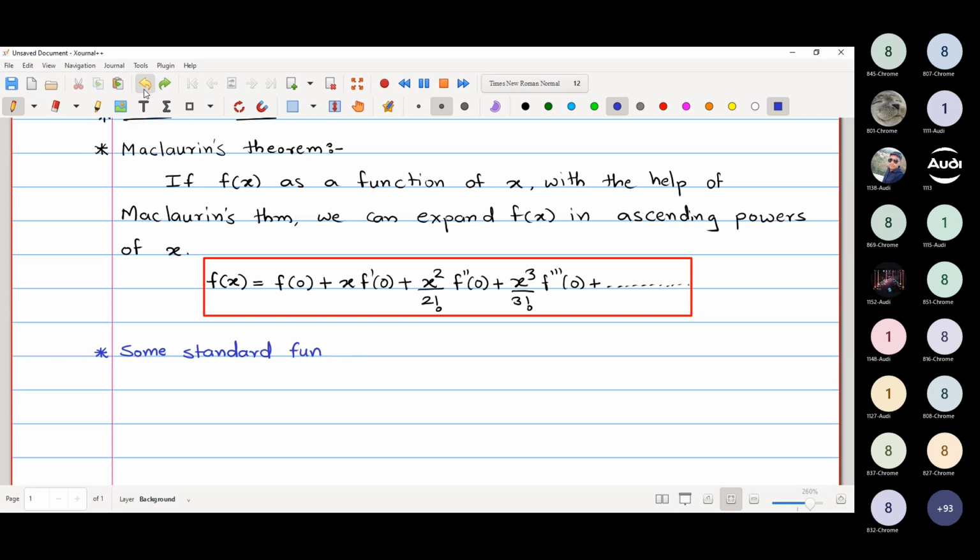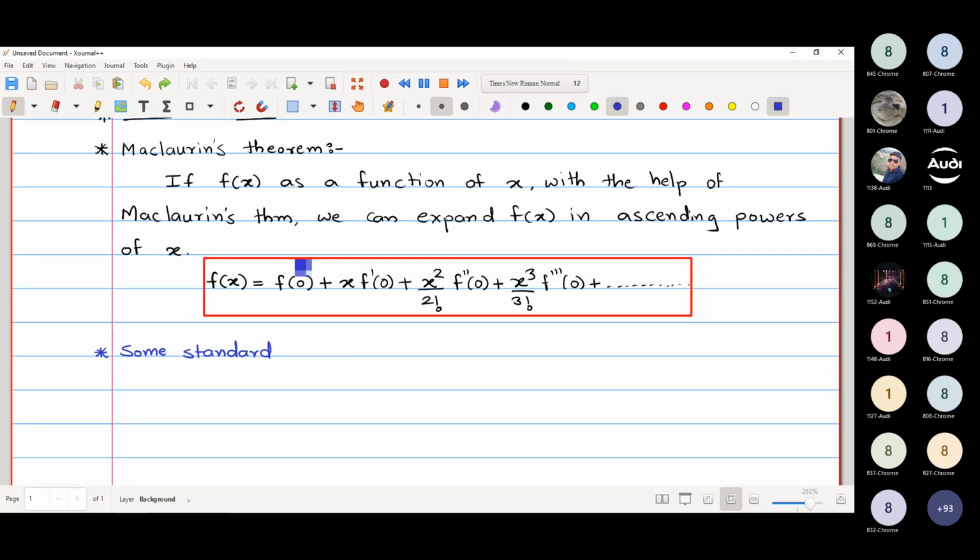Hello, sir. Yes, tell me. Hello sir, yesterday you gave a problem on the CM meeting, to prove. Can you speak a bit loudly? Sir, you gave a problem on the CM meeting. Yes, on the CM meeting, x square and x to the power 4, right?